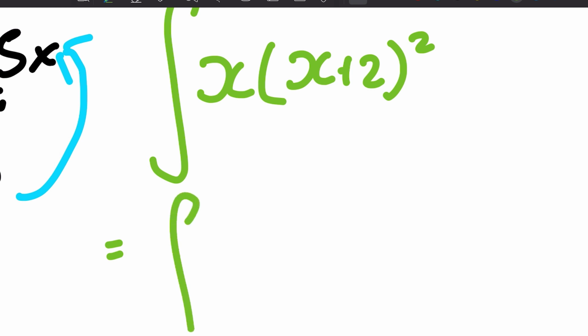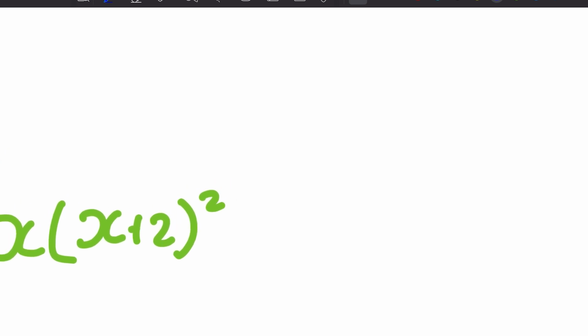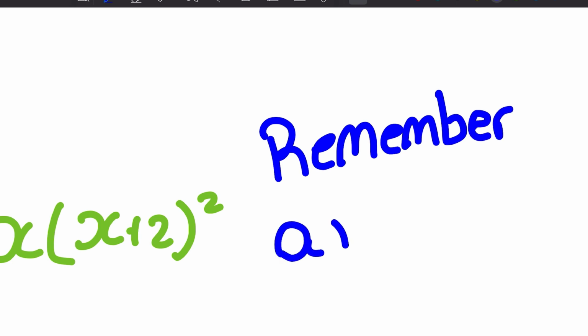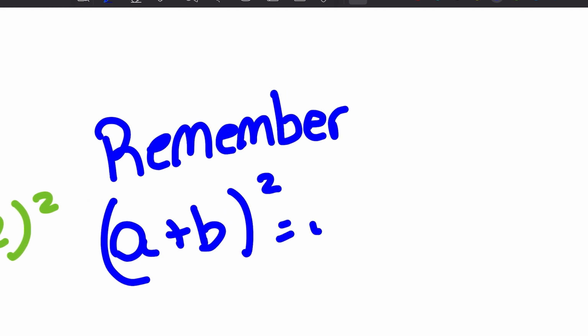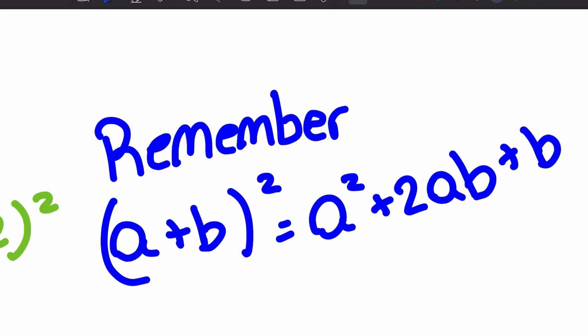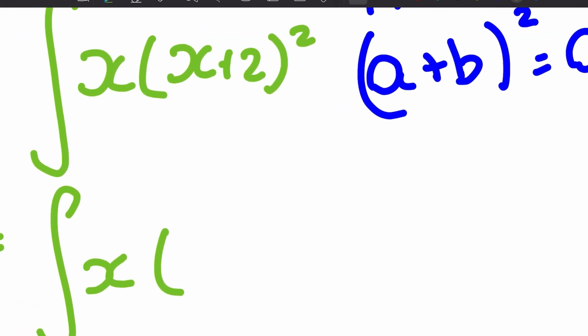This will be equal to the integral of x times... Now we want to expand (x plus 2) squared, and you know that is equal to a squared plus 2ab plus b squared. Remember your binomial expansion. Hopefully you do, and if you do, then this will be very easy for you.